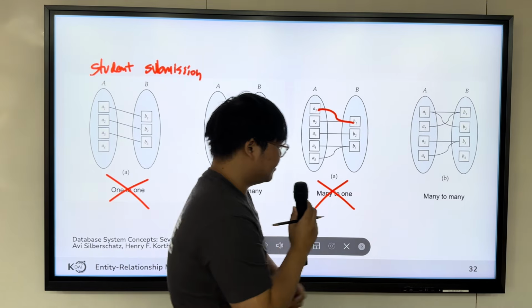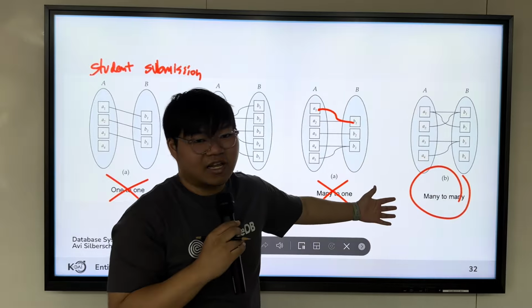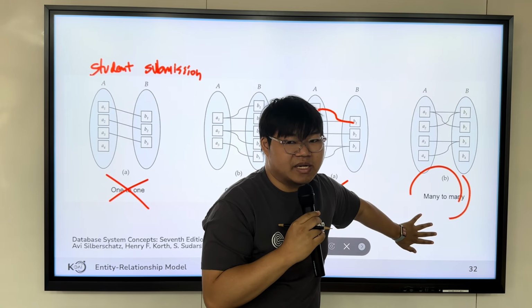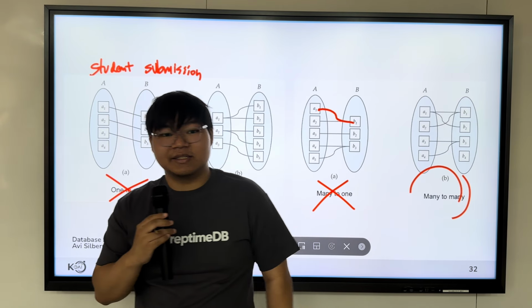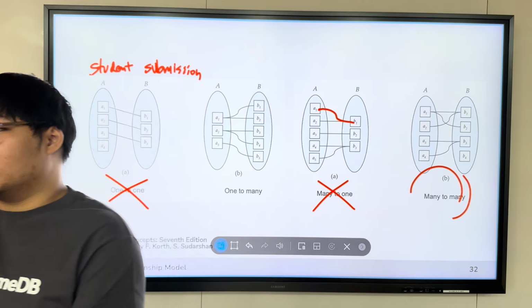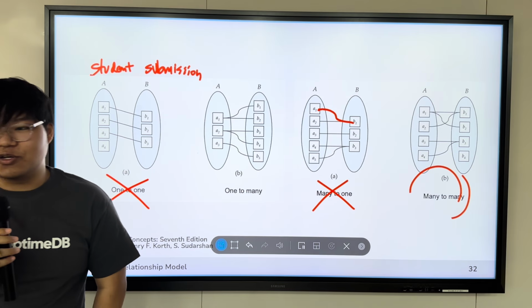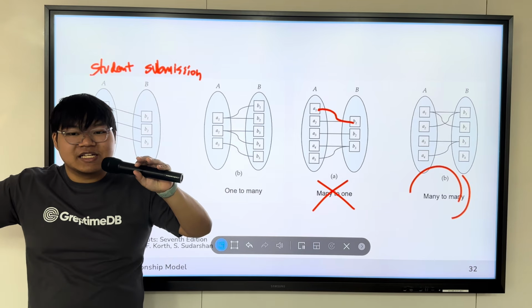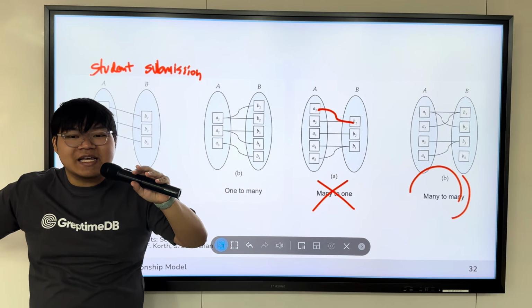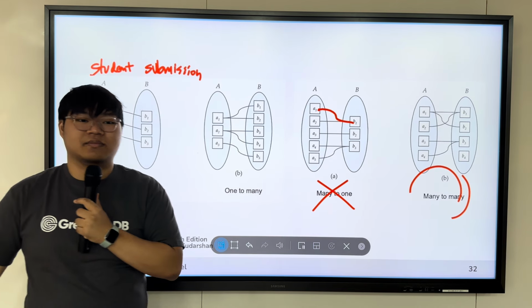So between student and submission, the correct cardinality constraint is many to many. Okay? Clear? This is the most important part of this lecture. You need to be able to identify entity sets and relationships among them. More importantly, identify cardinality constraints between them.